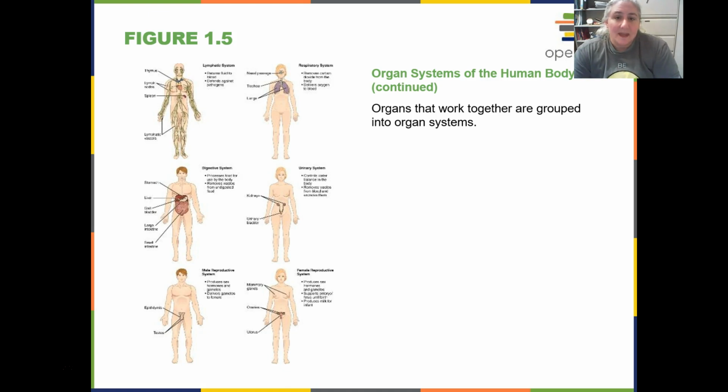Lymphatic system is composed of different lymphatic organs, including our lymph nodes, our thymus, our spleen, lymphatic vessels. And its function is to harbor your lymphocytes, help in producing new lymphocytes, and providing specific immunity to our body.